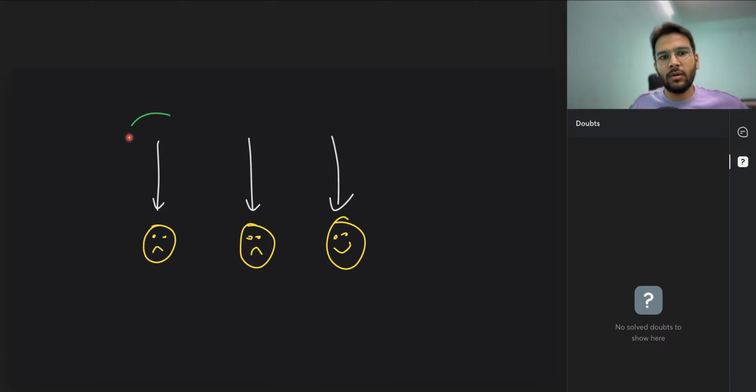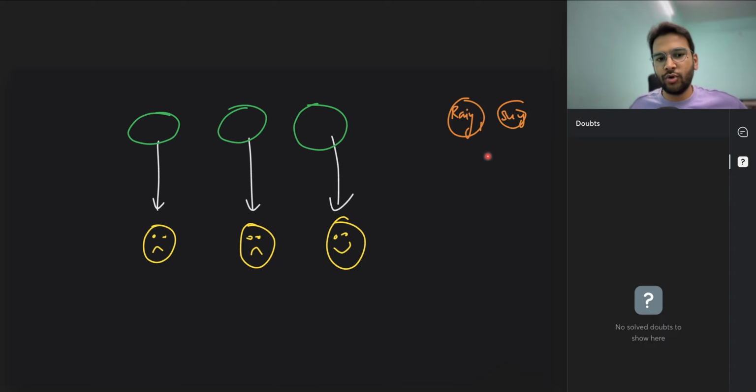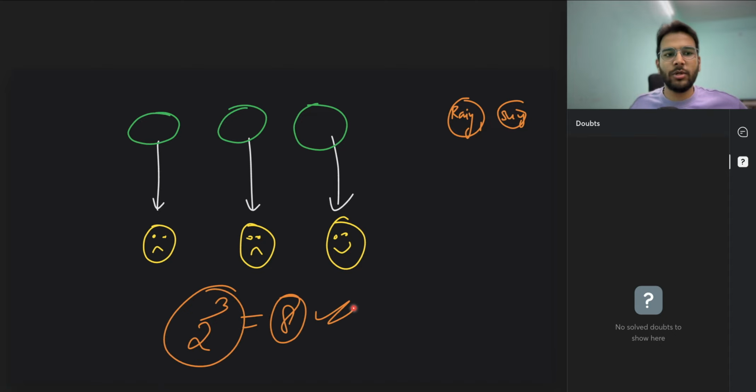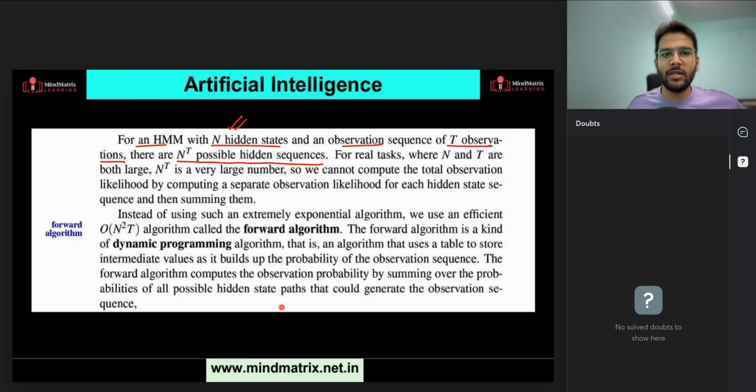If rainy and sunny are the two hidden states, 2 raised to the power 3 means 8 permutations are possible. That's what we have already seen, right? So n raised to the power t possible hidden sequences are there.